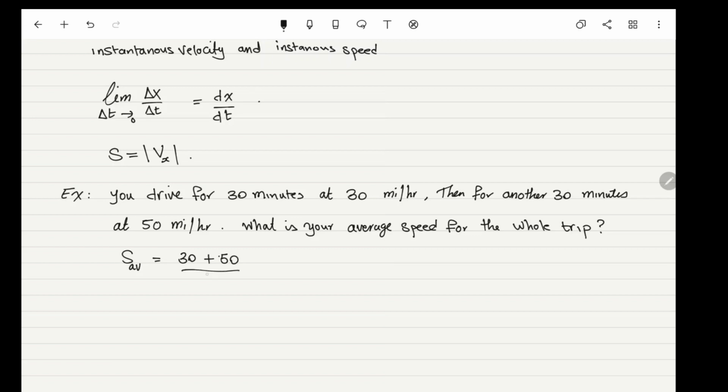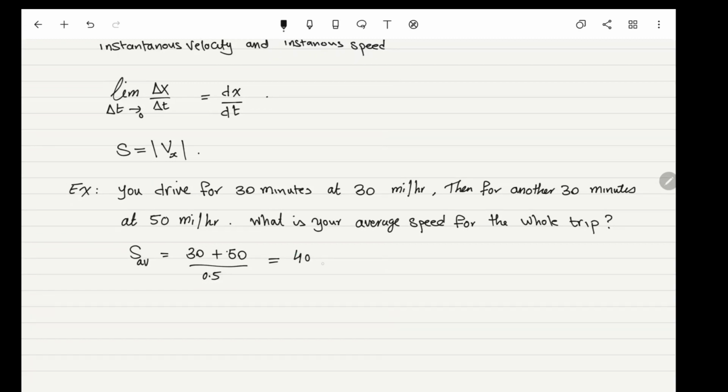It's the same again, 0.5 hour. It has to be in hours. So in this case, the average speed equals 40 miles per hour.